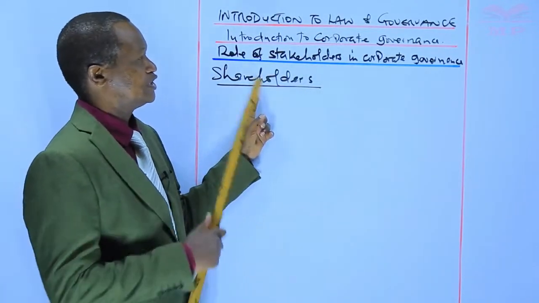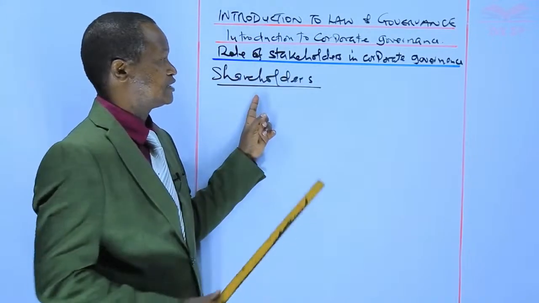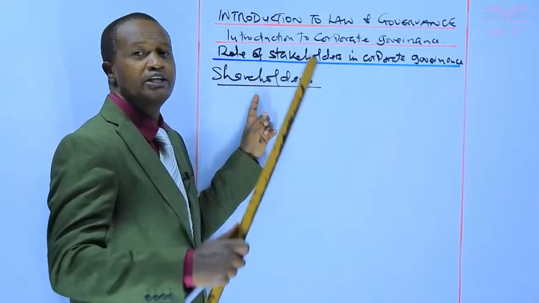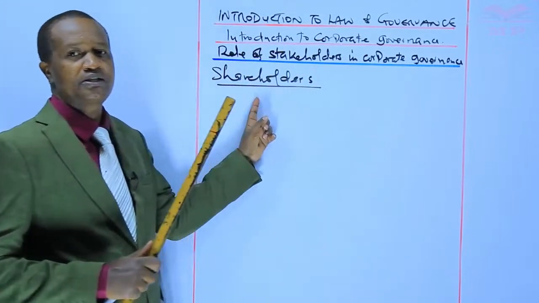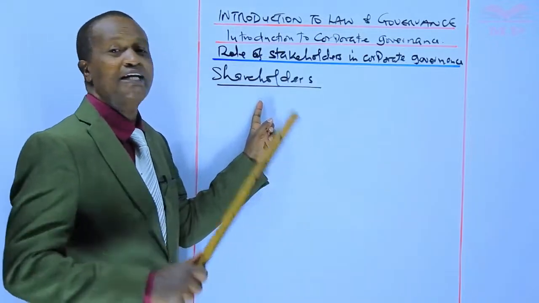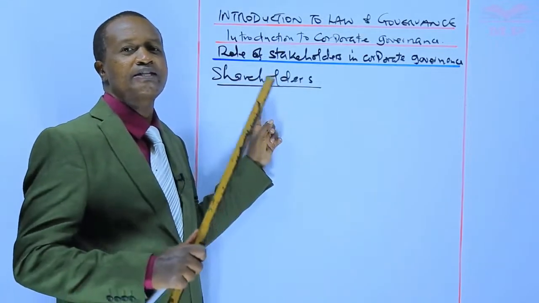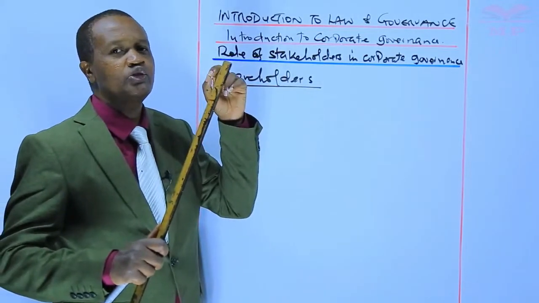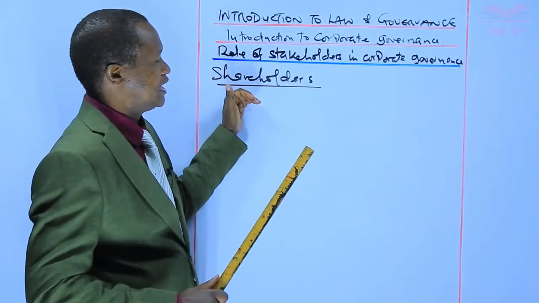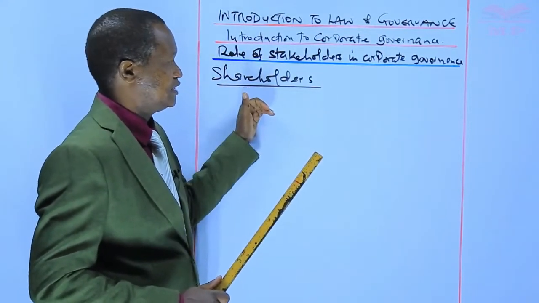The voice of the shareholders, as far as corporate matters are concerned, is to be expressed in the general meetings. They have a duty jointly and severally to exercise supreme authority, because shareholders are the owners of the company.